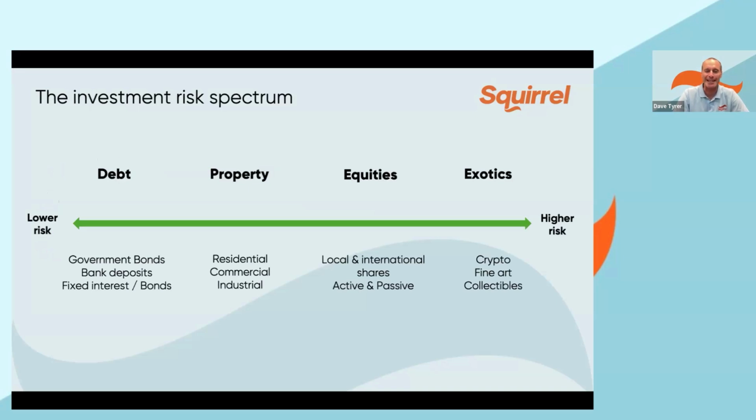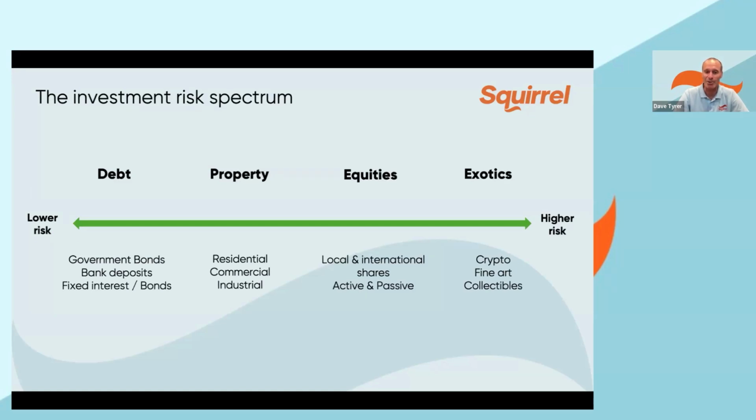All right, kicking into gear, the investment risk spectrum. I suspect this is somewhat familiar for many of you. At the lower risk and lower volatility end, generally speaking, you have debt type investments, which is what Squirrel offers. Walk up the ladder, you get next to property.